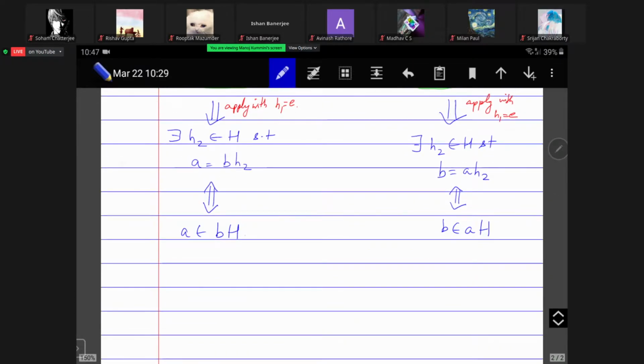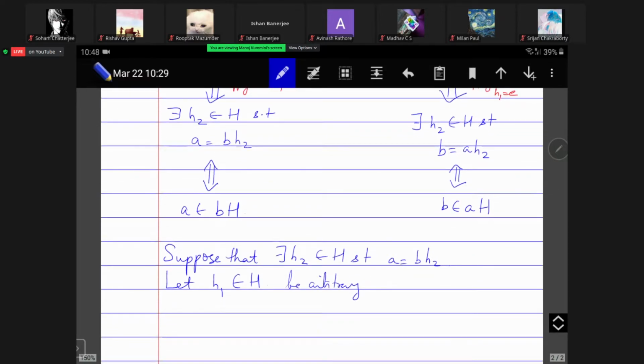Suppose that there exists H2 inside H such that A equals BH2. Then let H1 inside H be arbitrary, in other words universally quantified.